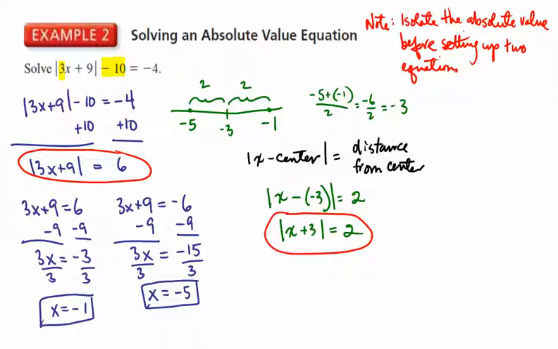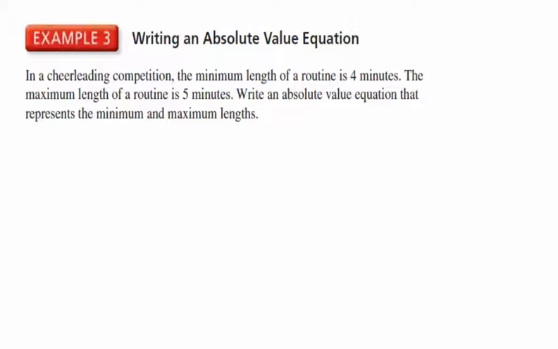Next, what we have in example 3 is a word problem. With absolute value word problems, we're given the answers, and our job is to construct the equation, as opposed to being given an equation and solving it for answers.